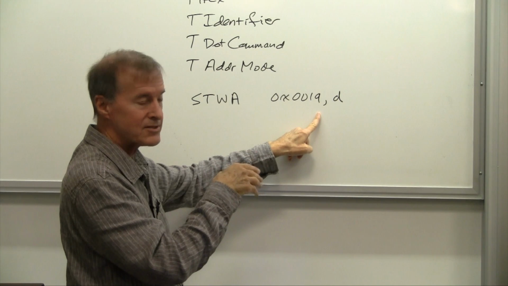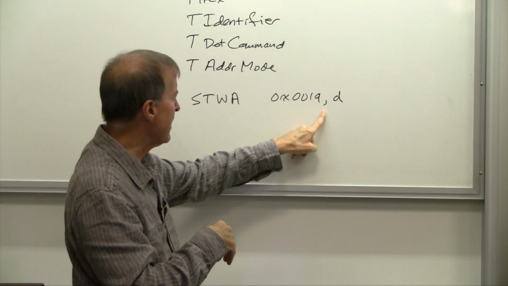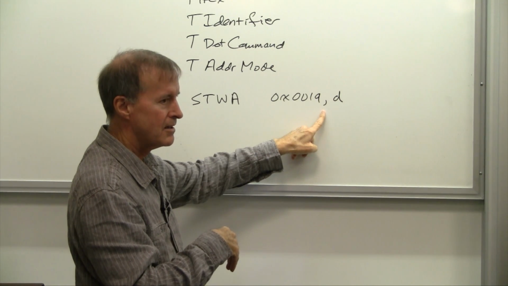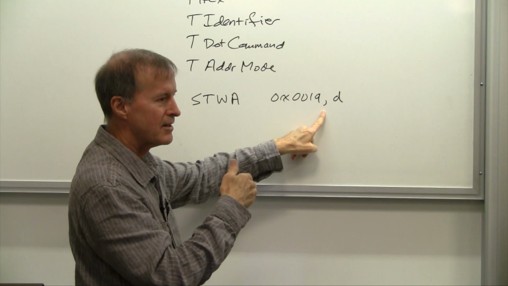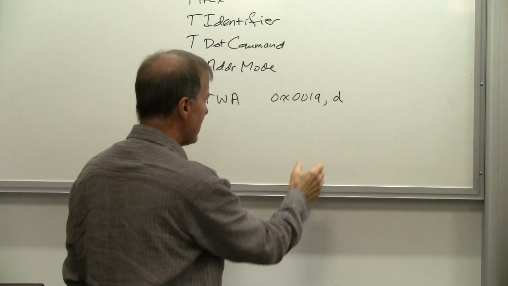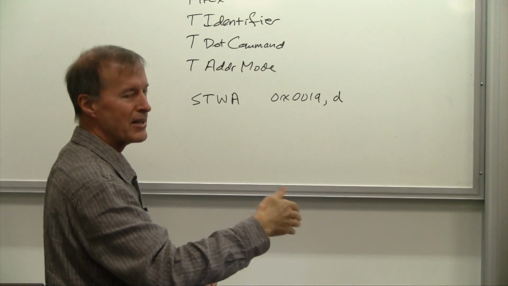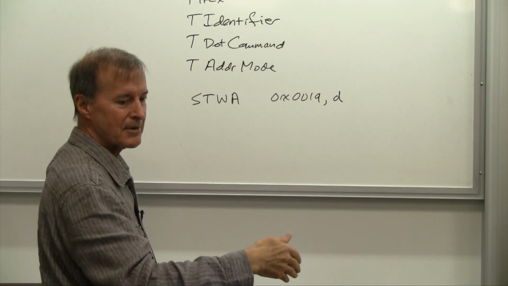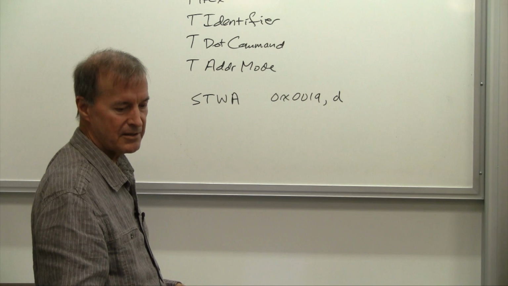Now, I don't think we have a comma as a token. We merged the comma and the next one, so our token here is an addressing mode. So then there should be a transition from that state to an addressing mode, right? Are you with me?